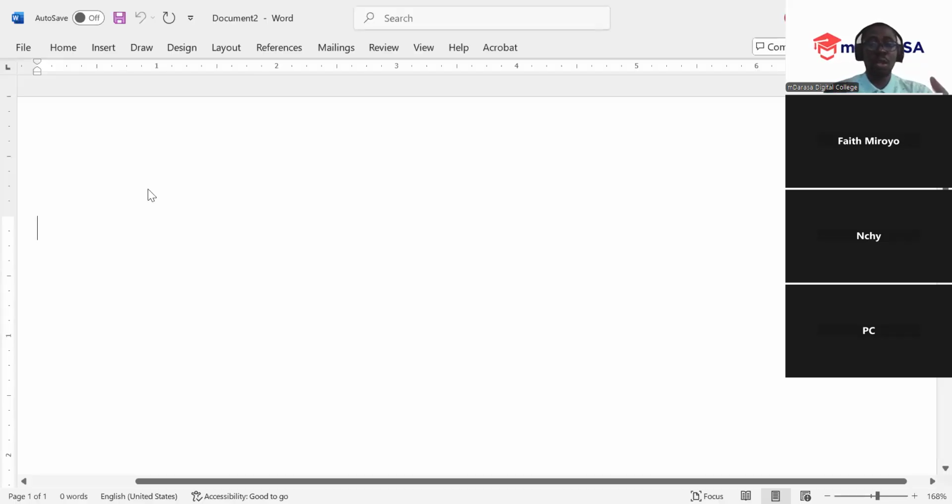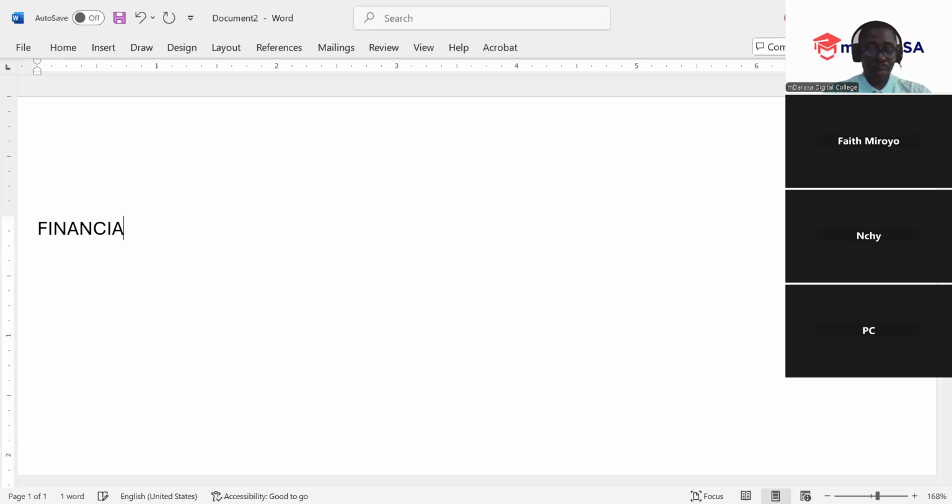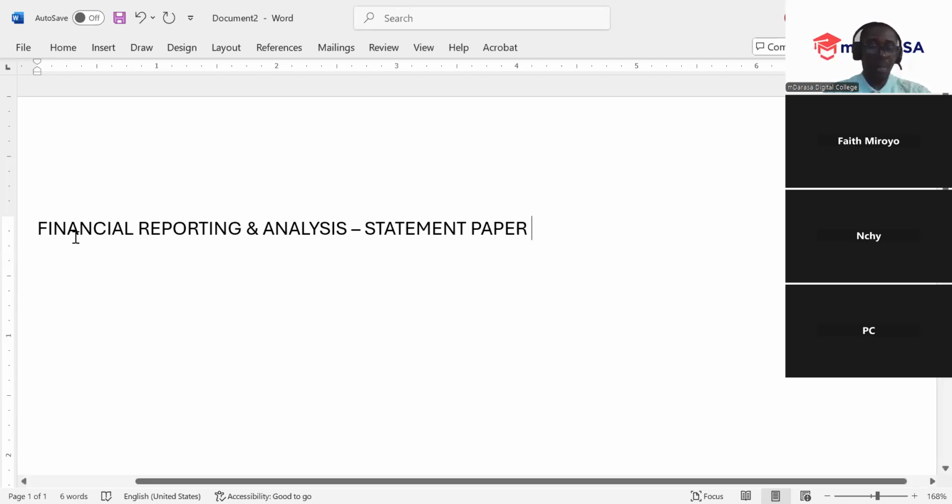So looking at financial reporting and analysis, we'll also be talking about sub-reviews that have been done. One thing that we should understand, my good students, is that these are statement papers. For those who have attended management accounting, remember we talked of it as a quantitative paper.